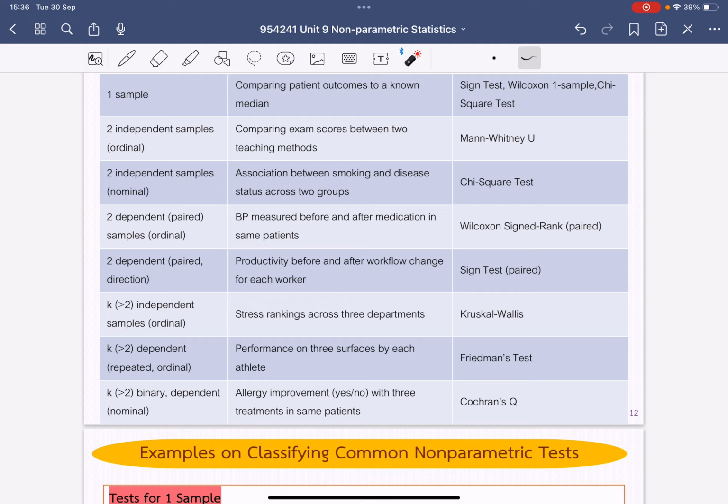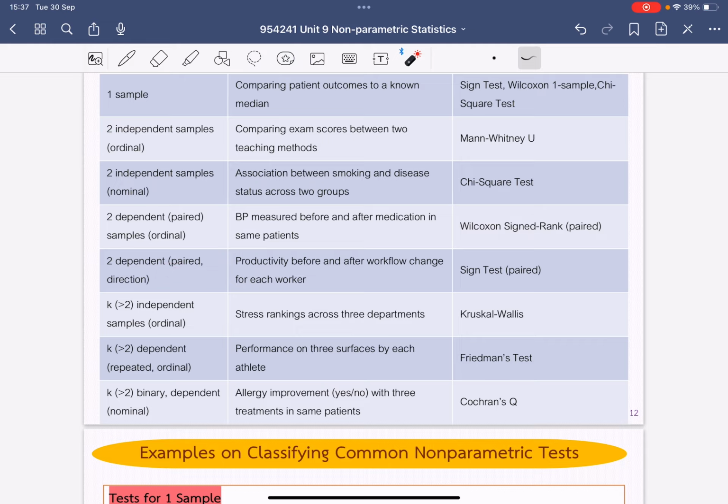You measure before you apply medication and after you apply medication. So in this type of sample, we call it dependent, right? Because it's the same group of people. In this case, you use the Wilcoxon signed rank.